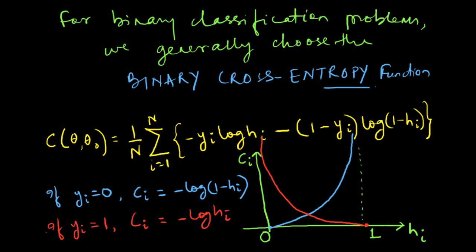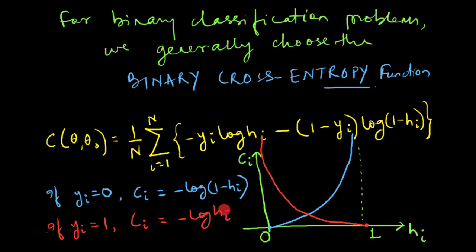Now do you notice? When yi is 1, we want hi to be close to 1, and if that happens, we want ci to be close to 0, because that is the objective of minimizing the cost function, meaning that when I am making the right prediction, my cost should be as low as possible. So when our hi is close to the value of yi, the ci has to be close to 0.